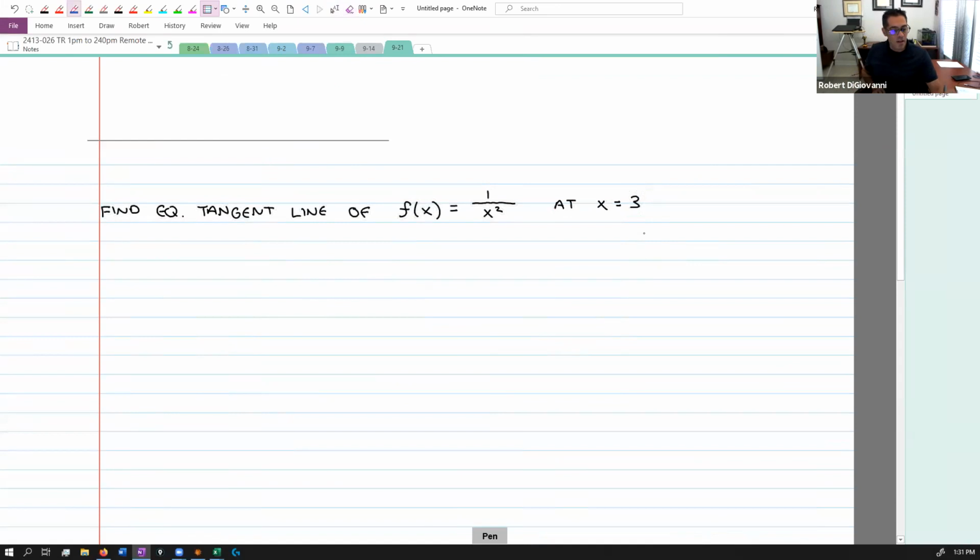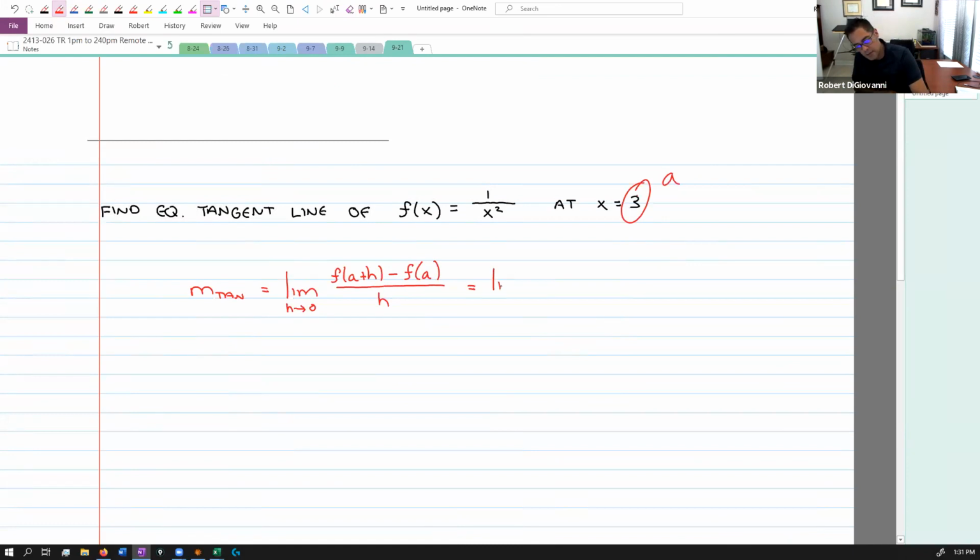Okay, so let's first find the slope of the tangent line, which now with the new definition is the limit as h goes to 0. I'll write the whole formula down again: f of a plus h minus f of a, all over h. But for us, a is 3, right? a is 3.